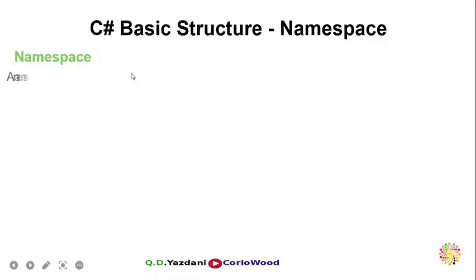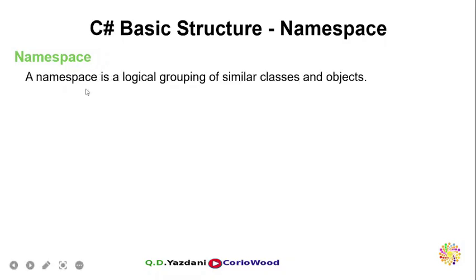Now we're going to see the definition of a namespace. A namespace is a logical grouping of similar classes and objects. As I said before, when you use a namespace, it means you group things, like a team, a group of people with similar interests.